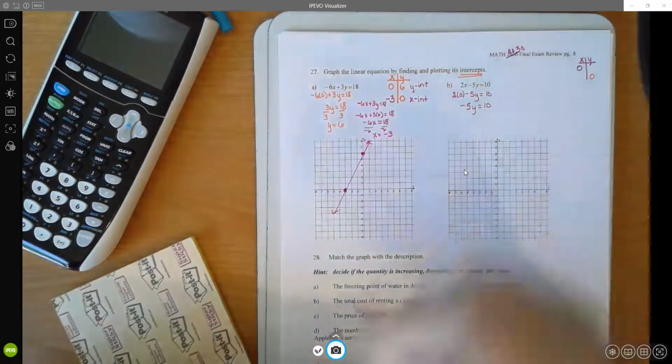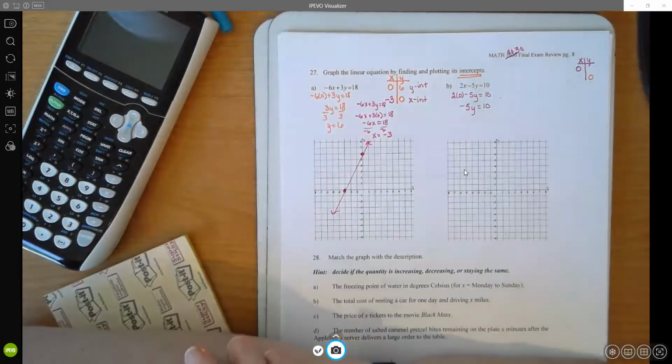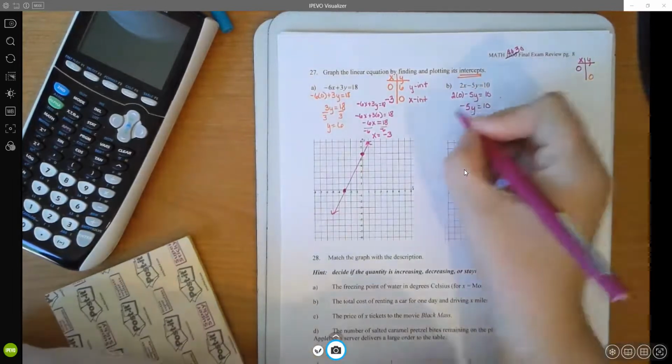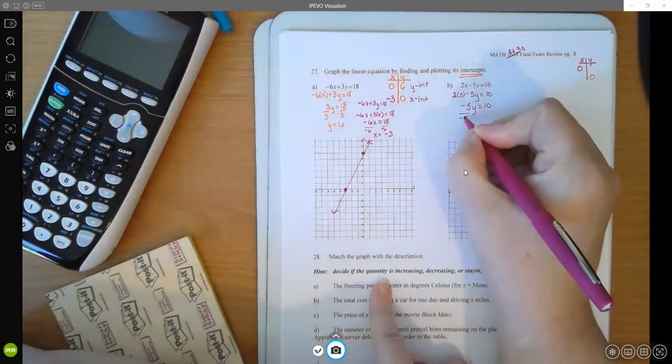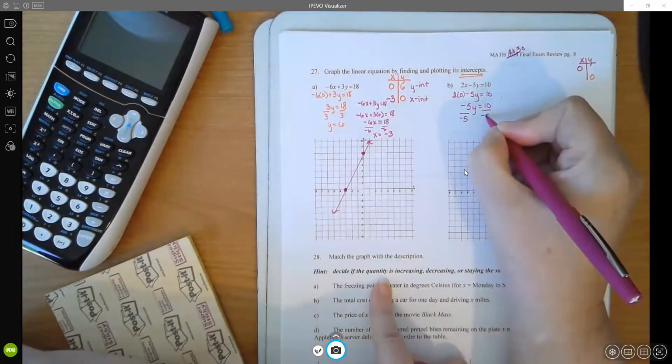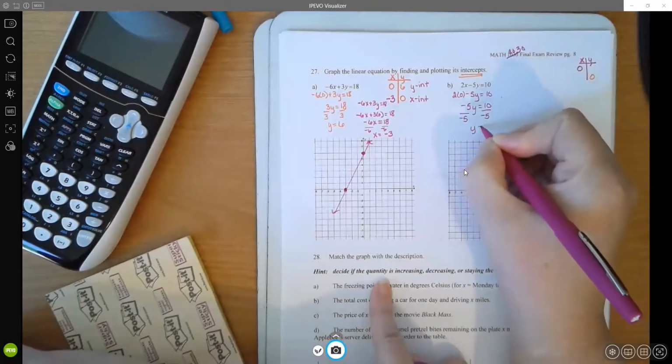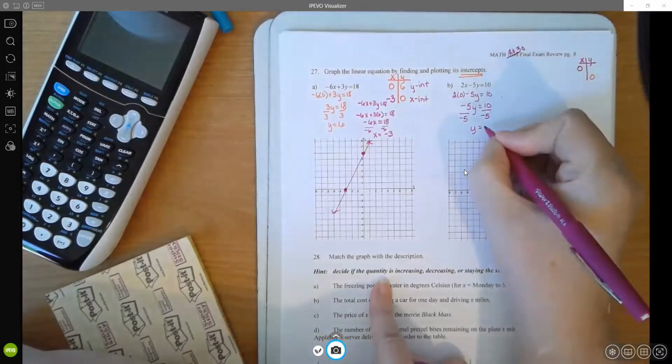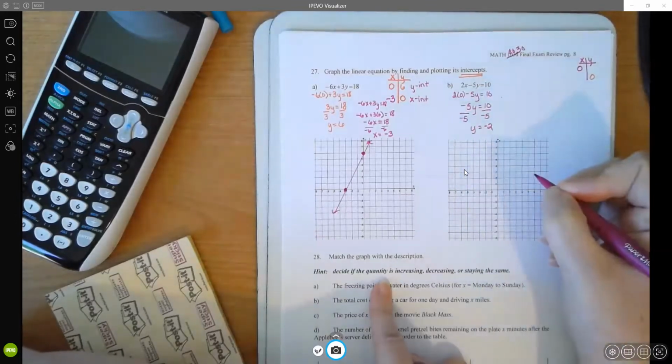Notice I just end up with an equation without the x. When the x is 0, the x term zeroes out, and I'm left with the equation without an x. Then to solve that, I will divide by negative 5, and y equals negative 2.